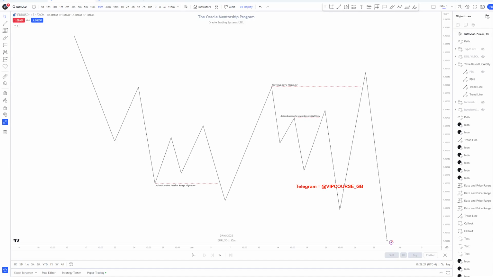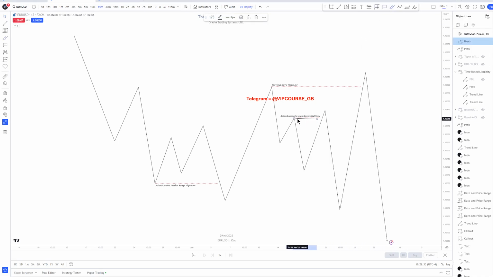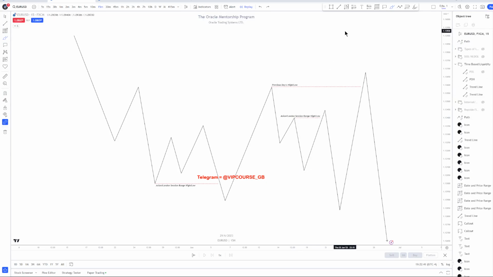So with the Asian range and the London range, we can look at areas based on the highs and lows of those ranges as areas that could potentially get manipulated into and then reverse price. For example, here we see an Asian or a London session high that pushed down price and gives us this range from here to here.